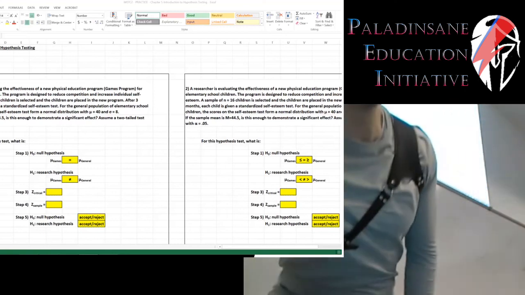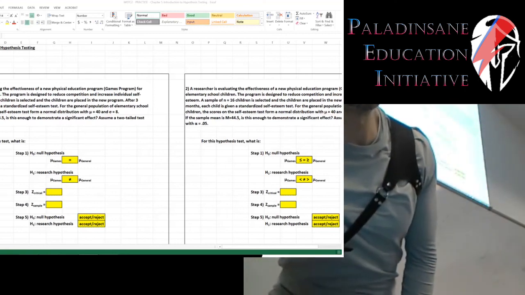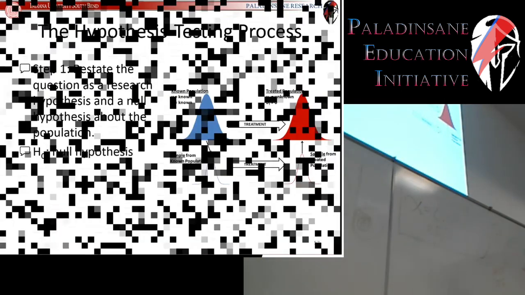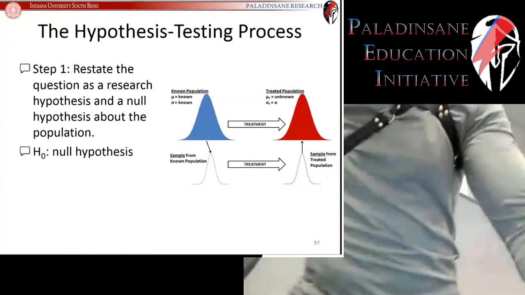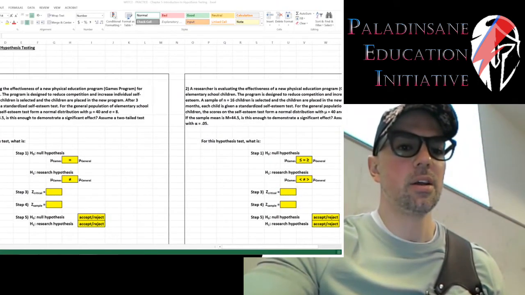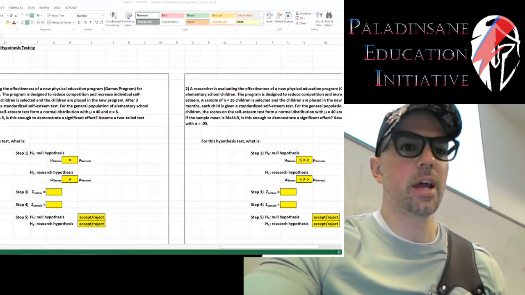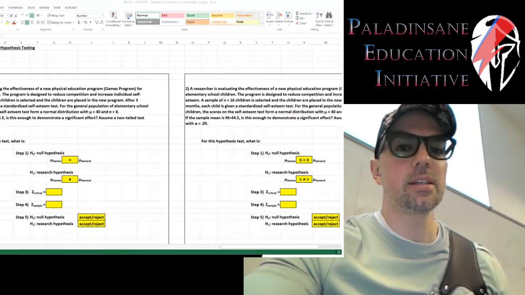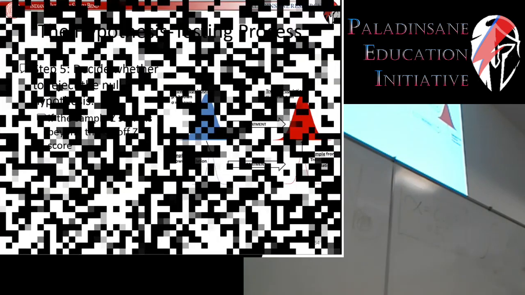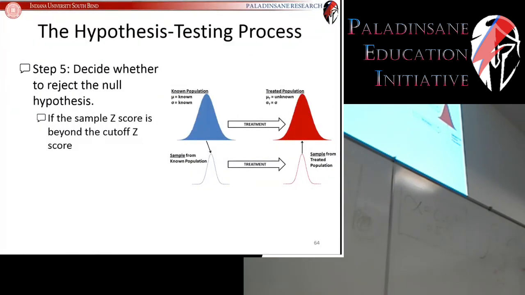So until you're rock solid, until you have done this so often that it just comes to you, I would highly recommend you print those slides out, or at least have them at the ready, so that when you get to step 5, you'll be able to do this calculation, and then just check.